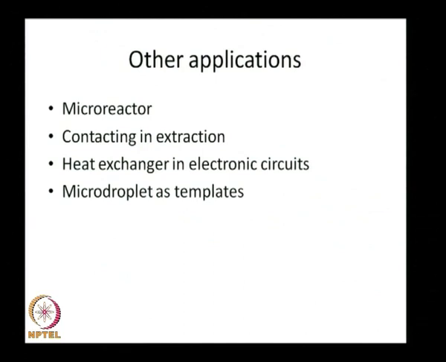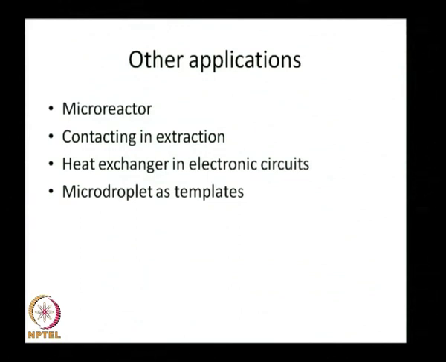There are other important applications. One application is the microreactor. There, instead of having a packed bed catalyst where catalysts are arranged in a random manner, you can have a structure similar to a honeycomb, with the internal walls of the channel coated with a catalyst. So you have a very structured catalyst instead of a random one.